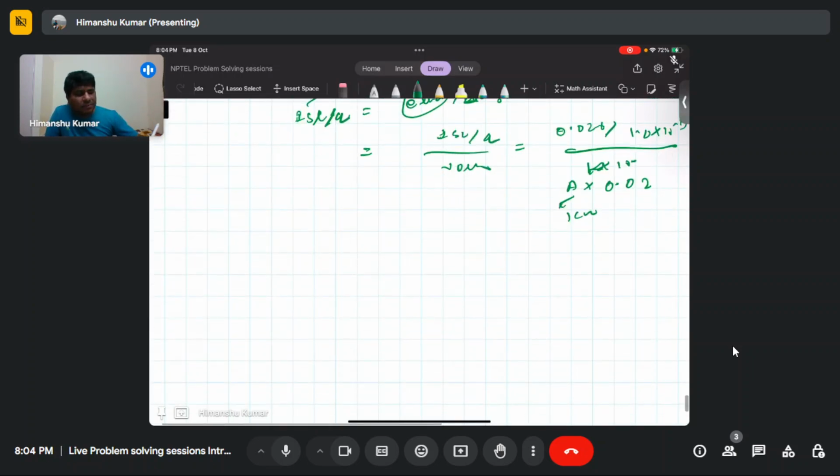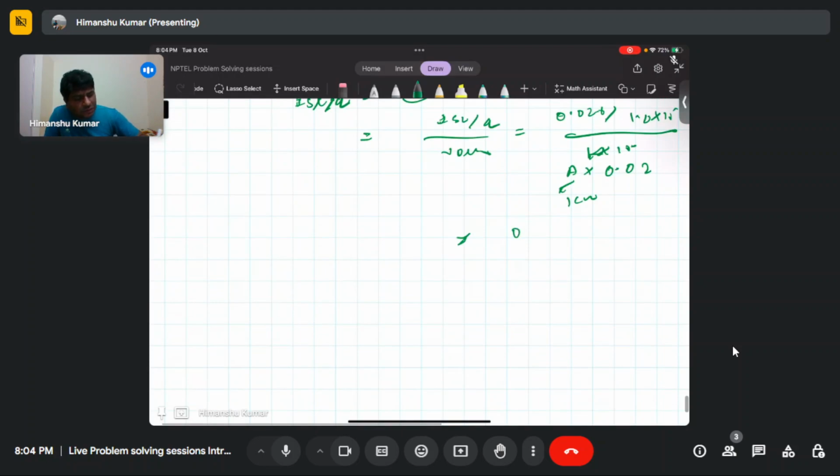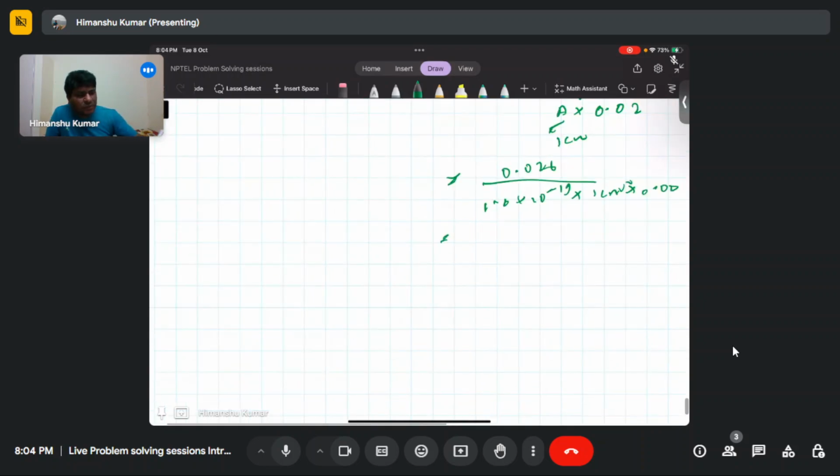So it will reduce to 0.026 divided by 1.6 into 10 power minus 19 times 1 centimeter times 0.02 centimeter square.